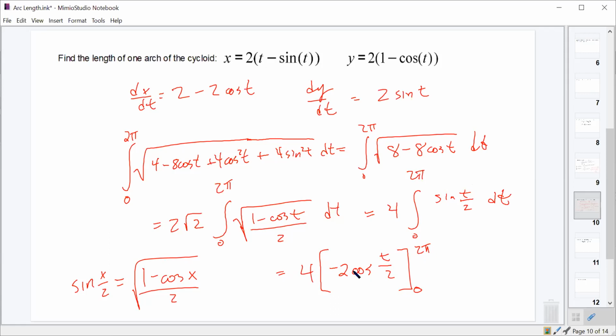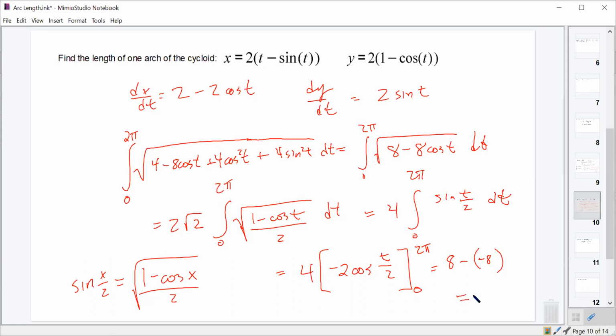And what does that give us? It gives us -8 times the cosine of pi, which should be 8. And then minus another -8 times the cosine of 0, which is 1.